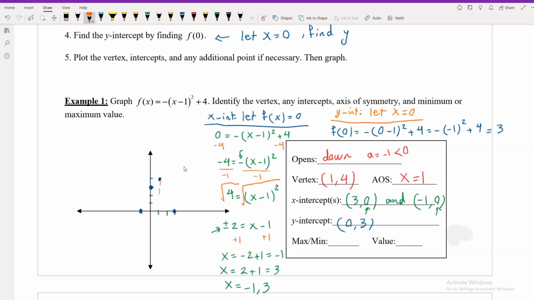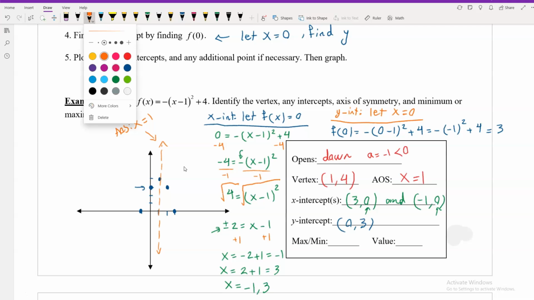This is the axis of symmetry, and that is x equal to 1. Based on the axis of symmetry, I have this point for the y-intercept, and I can mirror that to the other side of the axis of symmetry. So we're going to have (2, 3), that is the point. Now we have all these 5 points, and then we can connect them.